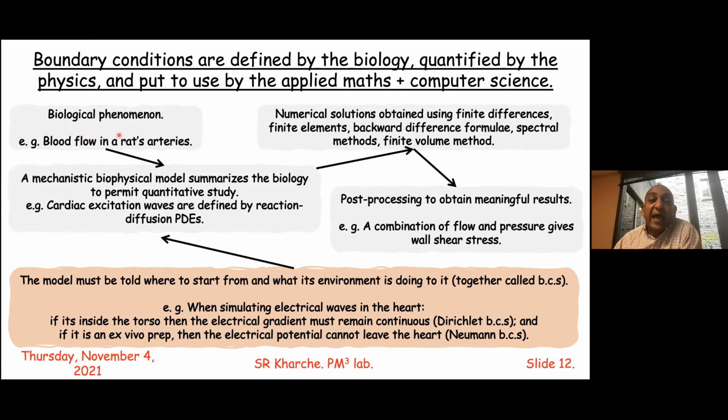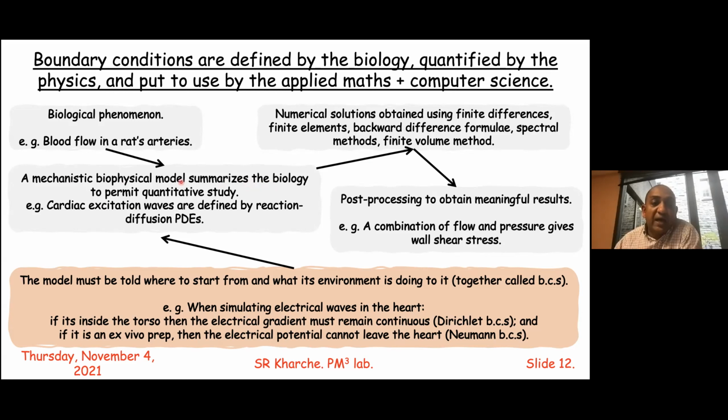Yeah. And to be able to do this computationally, as we saw in previous slides, we have to make a mechanistic biophysical model that summarizes the biology. In case of blood flow, it is summarized by the Navier-Stokes equations. In case of cardiac electrophysiology, it's something called the monodomain reaction diffusion equation. But fine.